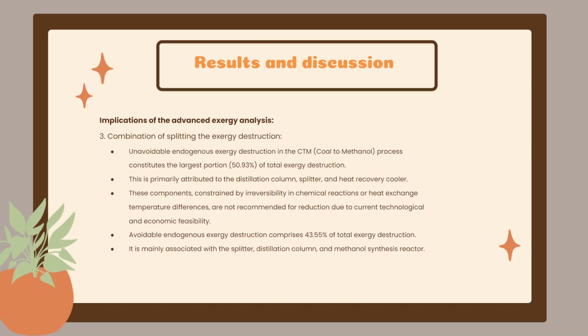The impact of unavoidable and avoidable exogenous destruction is relatively small, emphasizing the need to focus on reducing avoidable endogenous and exogenous destruction, especially in components with a high level of avoidable destruction.